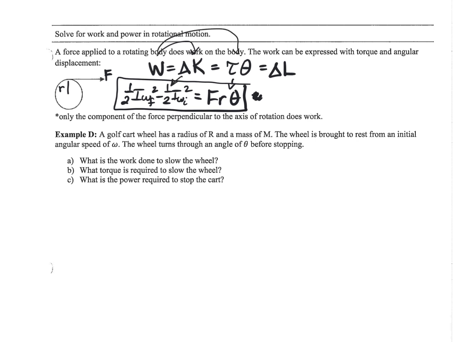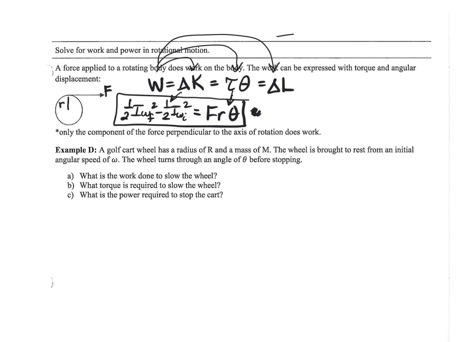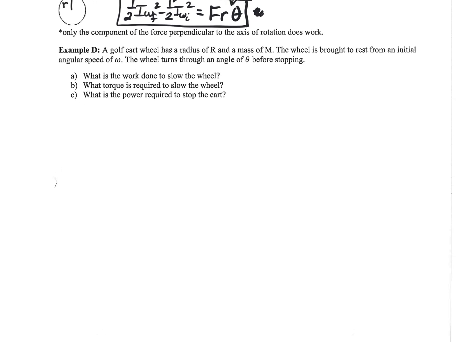We can compare it to the torque and the angular displacement, which of course is this. Or we can relate it to the change in angular momentum, which is that, which would be angular impulse. So this would be J theta, wouldn't it? So there are lots of things that work represents here. So let's look at this.